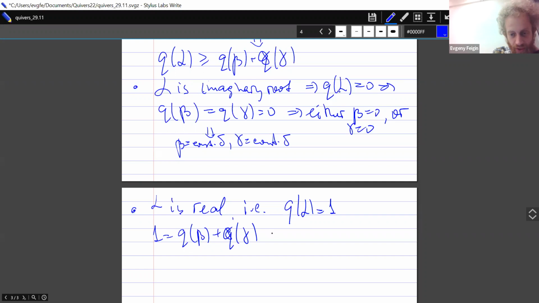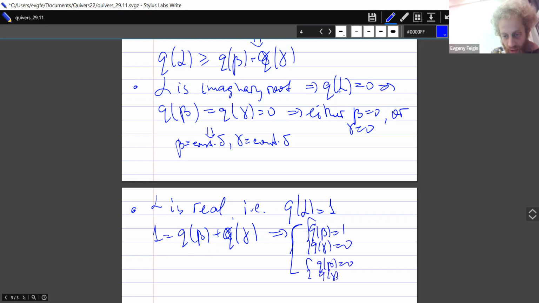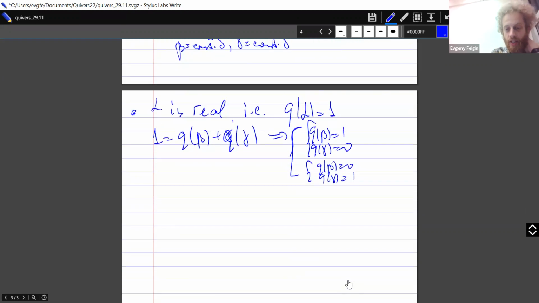So we conclude that there are two possibilities: either Q of beta is 1 and Q of gamma is 0, or Q of beta is 0 and Q of gamma is 1. And so how do we proceed?